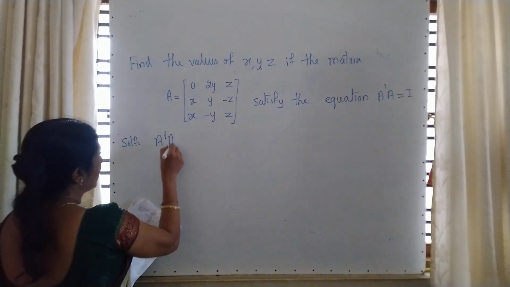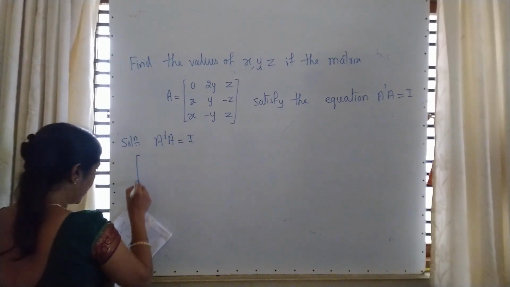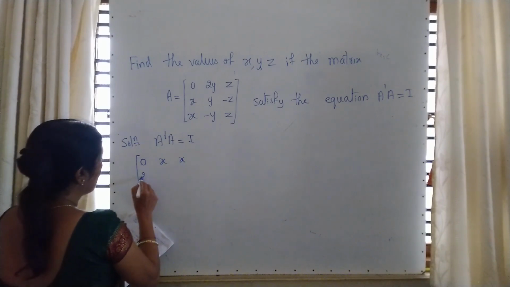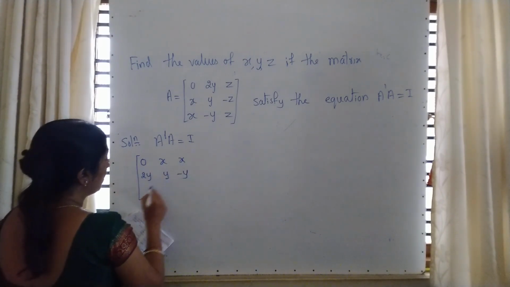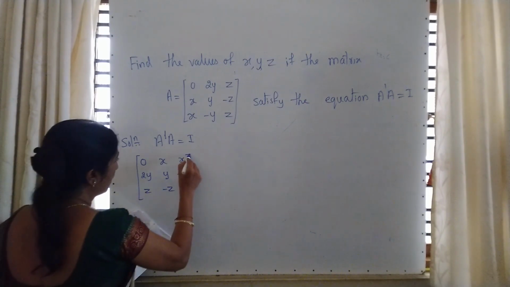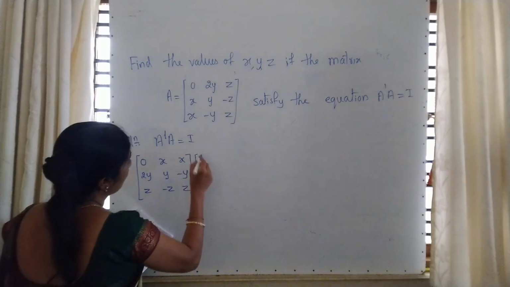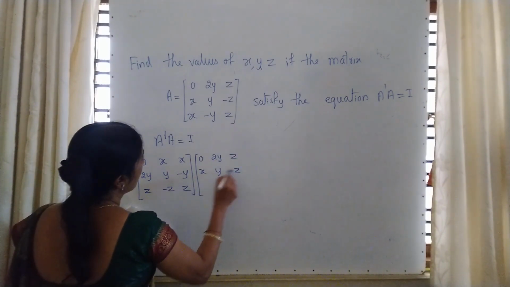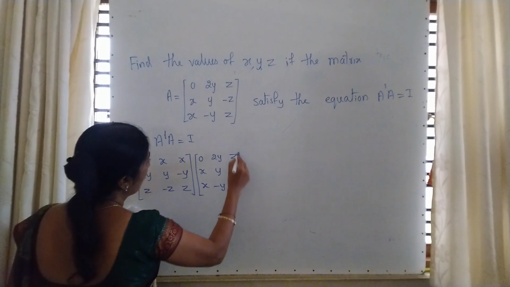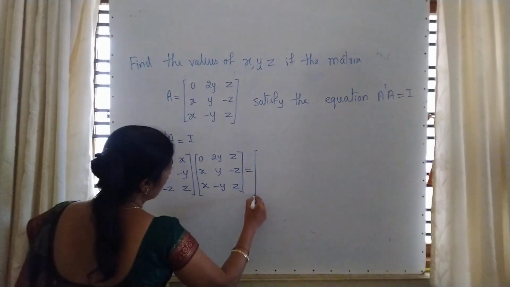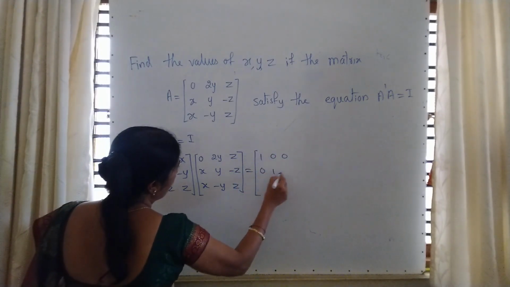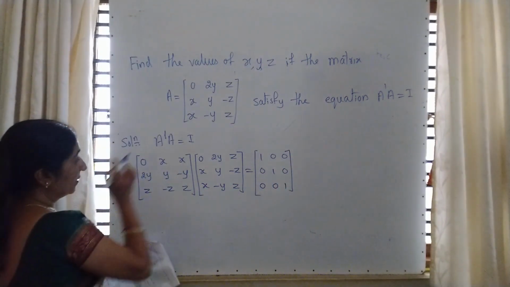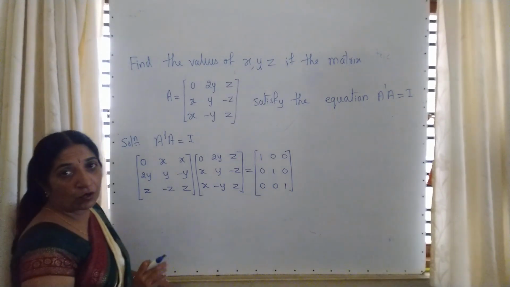A transpose into A is equal to I. So first I am writing a transpose of this: [0, x, x; 2y, y, minus y; z, minus z, z]. Then I am writing A as it is. Are you remembered or what? What is the transpose? Transpose is nothing but interchanging all the rows and columns. And I is what? Identity matrix. Here I am writing identity matrix of order 3. Why? Because in the problem the matrix is given as order 3.